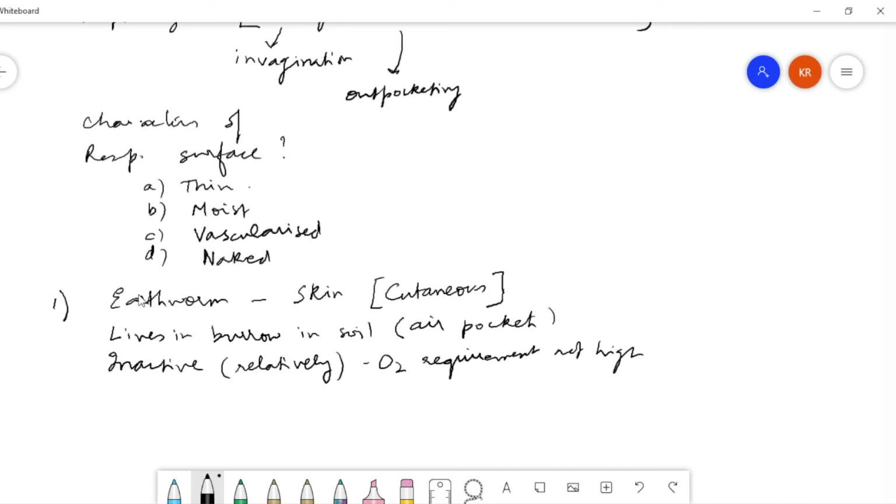It does move. So there are movements of the earthworm, and these movements help in ventilation. That means the air in the pore moves up and down. That helps in this ventilation.